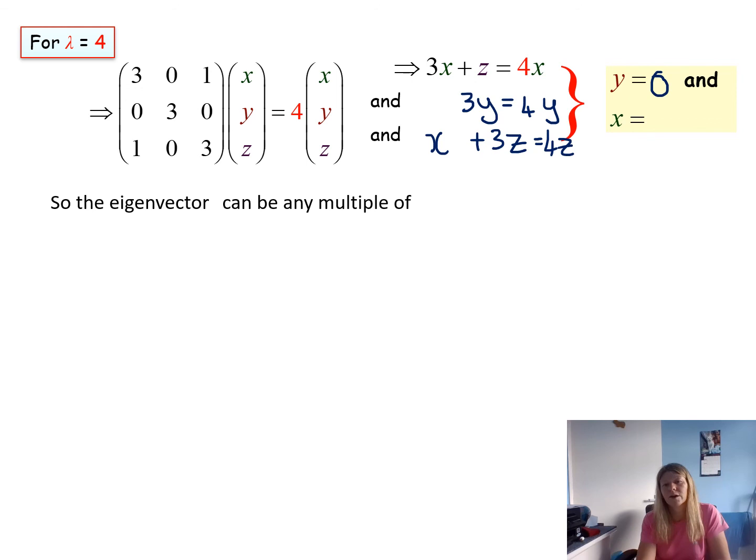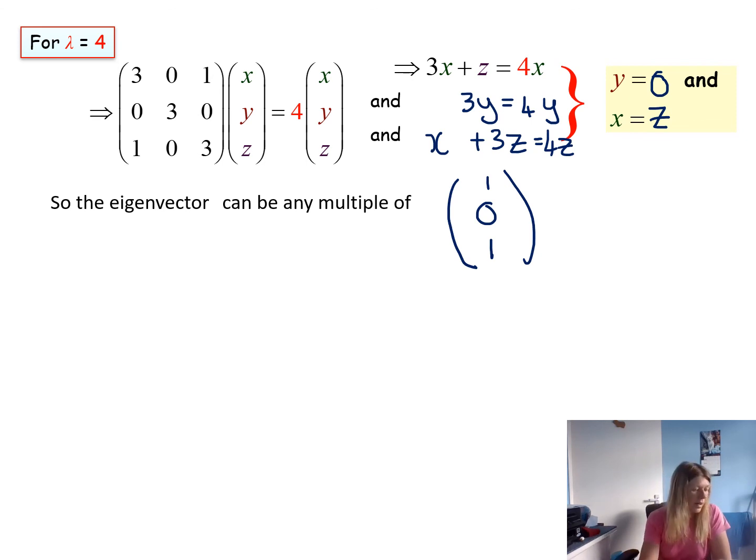And x, take x over there, x will equal z, won't it? Does that satisfy that as well? Yeah, it does, x equals z. So this time, y's got to be 0. If x is 1, z is 1. So any multiple of that sort will be the eigenvector.